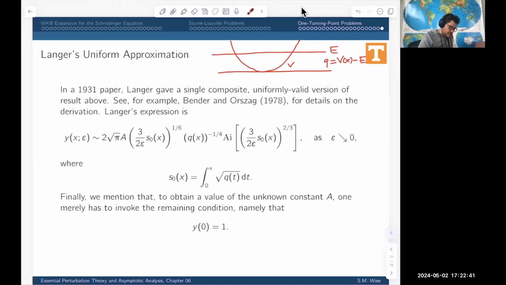So now you can see I have something interesting happening. Roughly speaking, I can develop an asymptotic expansion using WKB for this region and also this region, because those regions, if I just zoom in, look like one turning point problems. So I have one turning point here, one turning point here.